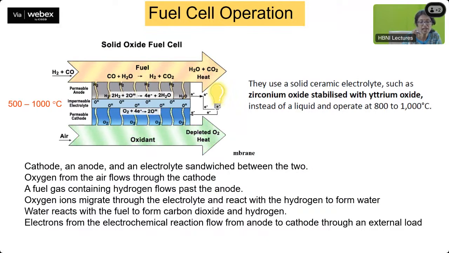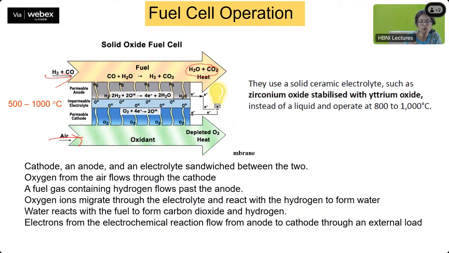Oxygen from the air is flowing through the cathode. A fuel gas containing hydrogen is passing through the anode. What happens is that the oxygen ions, as you can see over here, migrate through the electrolyte and react with the hydrogen to form water. And this water reacts with the fuel to form carbon dioxide and hydrogen. So ultimately what you get is carbon dioxide and hydrogen. And the electrons from the electrochemical reaction flow from the anode to the cathode through an external load.